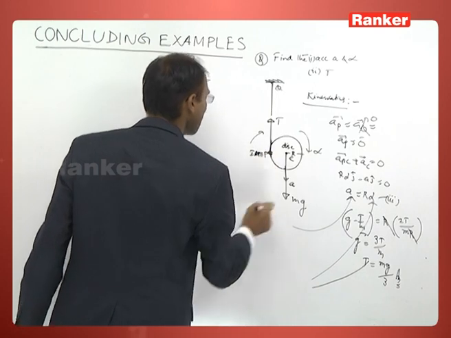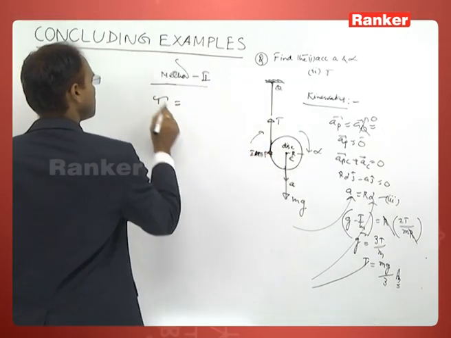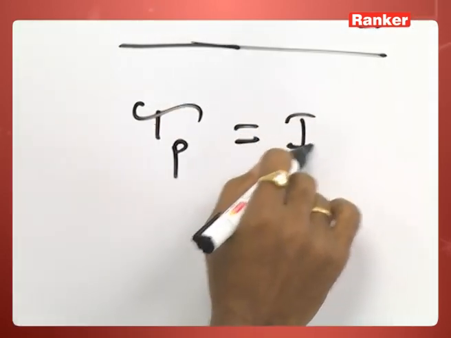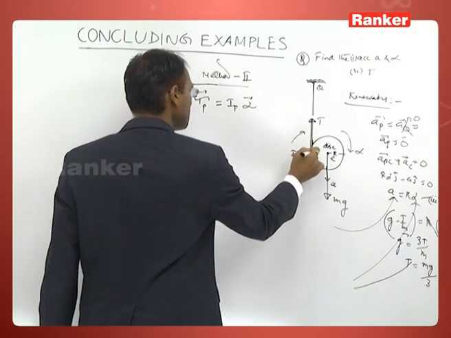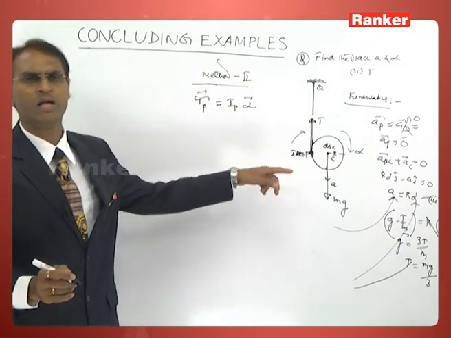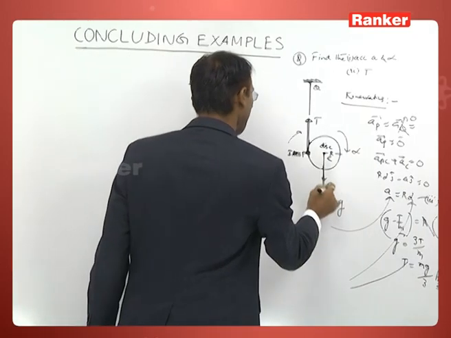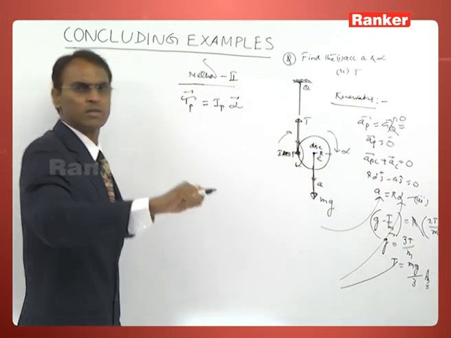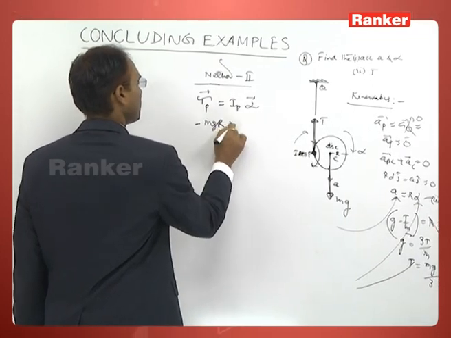In the second method, reference point is P. With respect to the reference point, the torque equation let us write tau P is equal to IP into alpha. Tau P is equal to, this tension passes through this point, therefore it cannot produce a torque about this point P. Gravity is producing a torque in clockwise manner, that is equal to mg into R minus k cap.